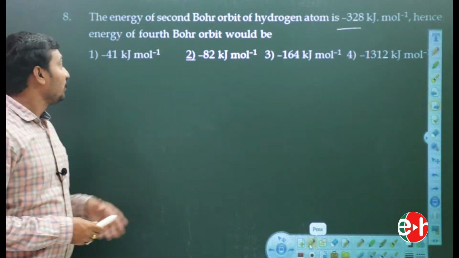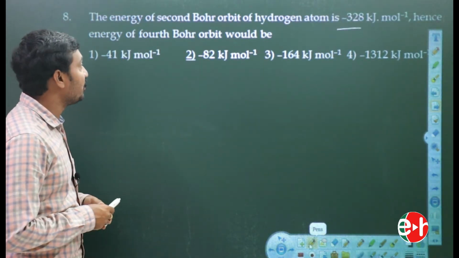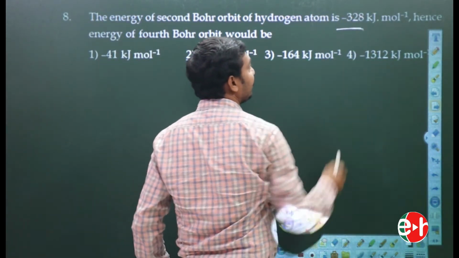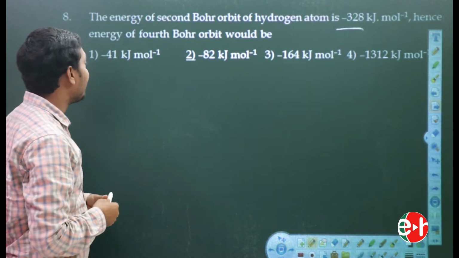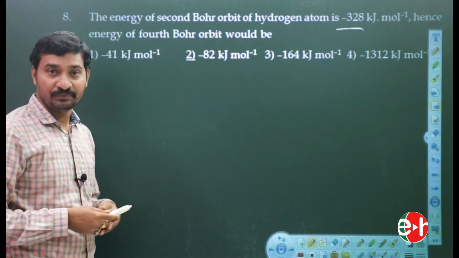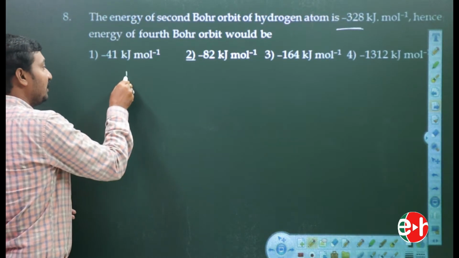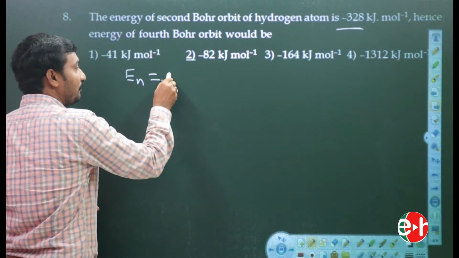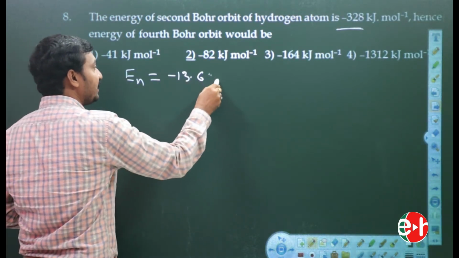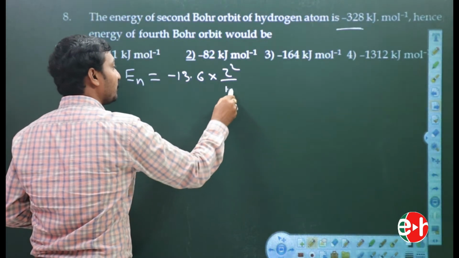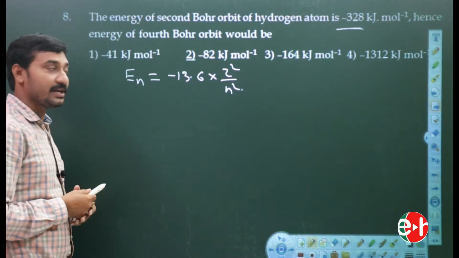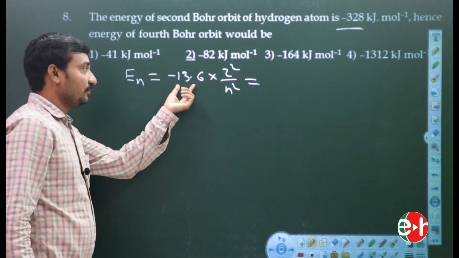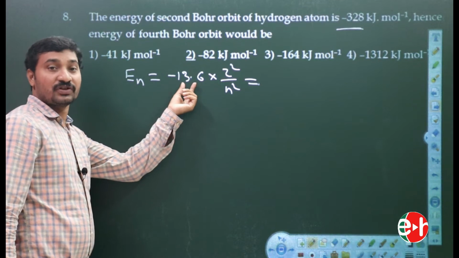See this question: the energy of the second Bohr orbit of a hydrogen atom is minus 328 kilojoule per mole. Hence the energy of the fourth Bohr orbit would be... We know En is equal to minus 13.6 into Z square by N square, and this value is equal to the energy of the hydrogen atom's first orbit.